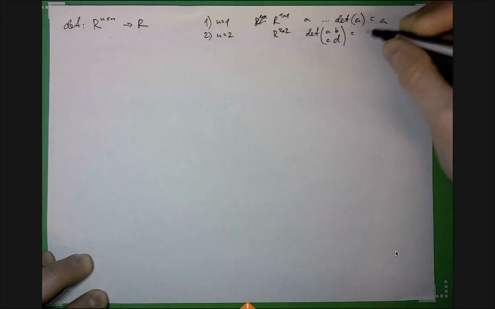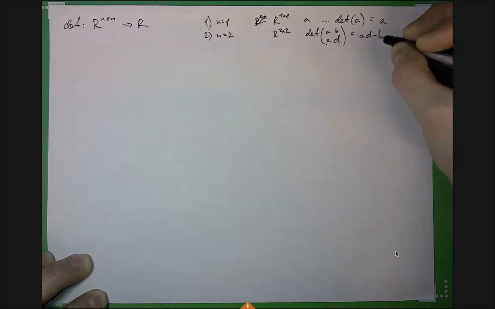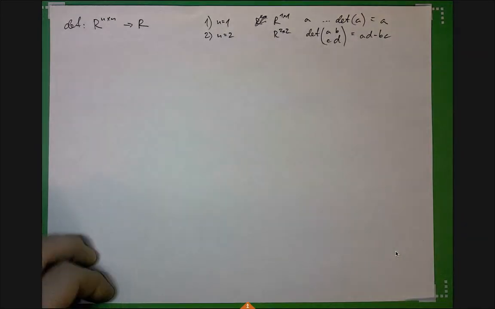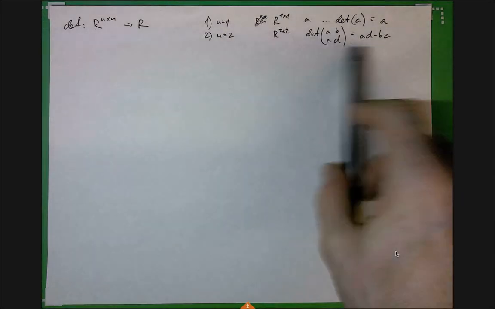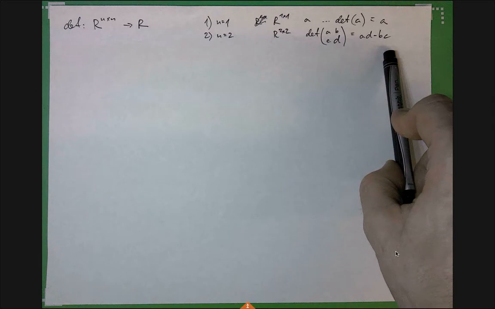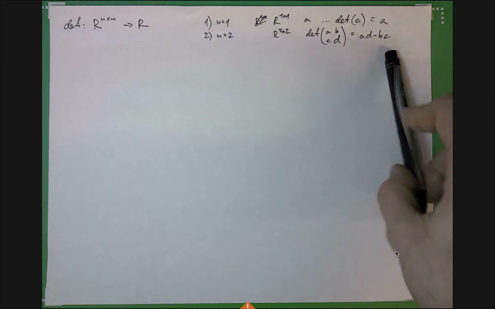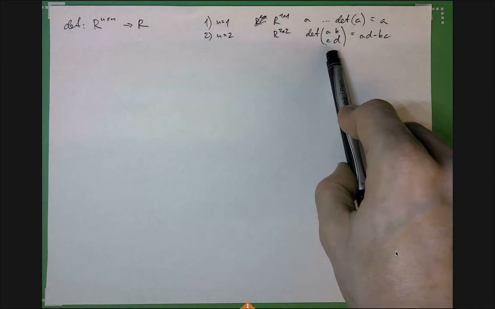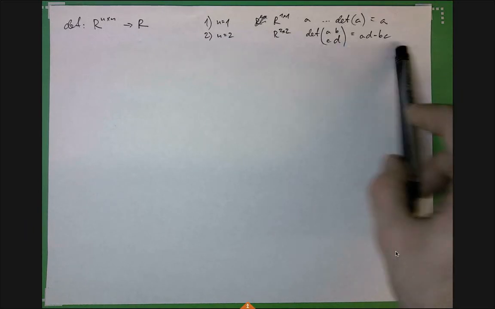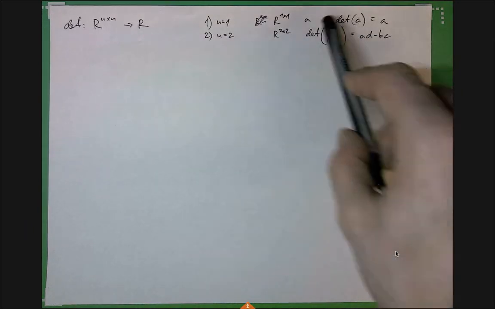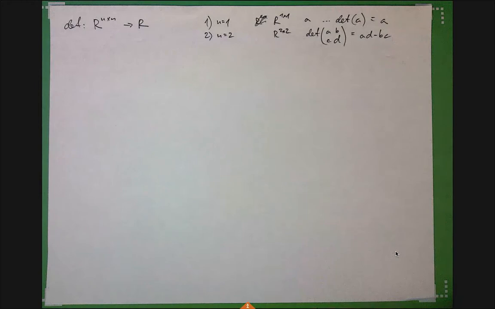And the determinant is AD minus BC. That's how it's defined for 2 by 2 matrices. Notice it is a single number, a scalar, which I compute from the numbers in the matrix.